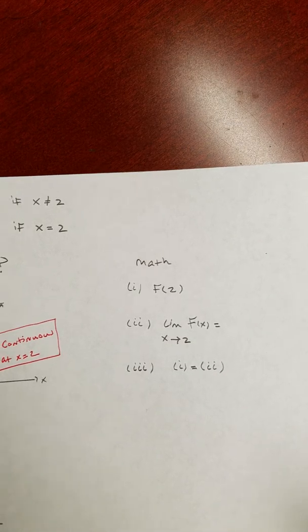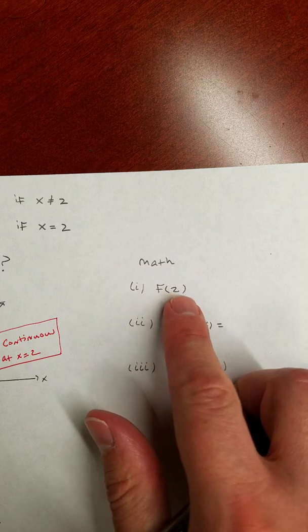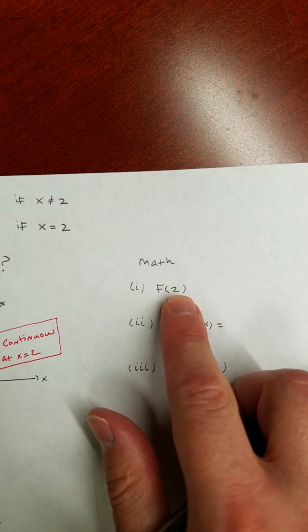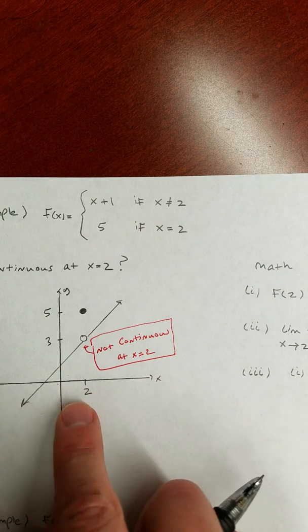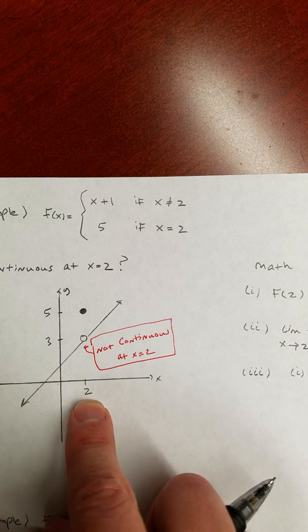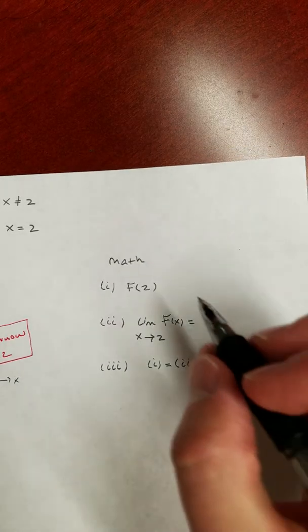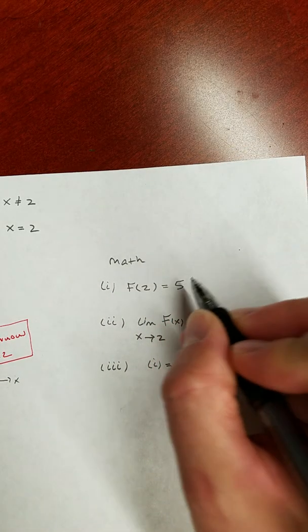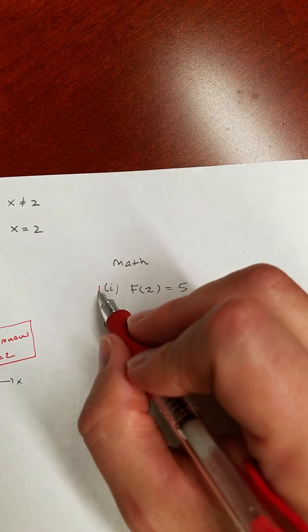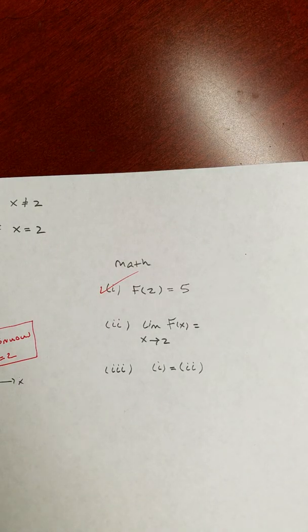Let's see. Does f of 2 have an answer? In this function, if you plug 2 in for x, what do you get for y? You get 5 for y. f of 2 is 5. Okay, pass.